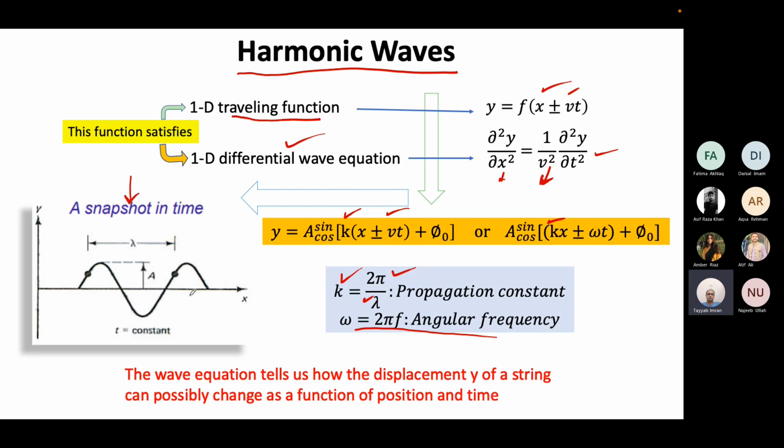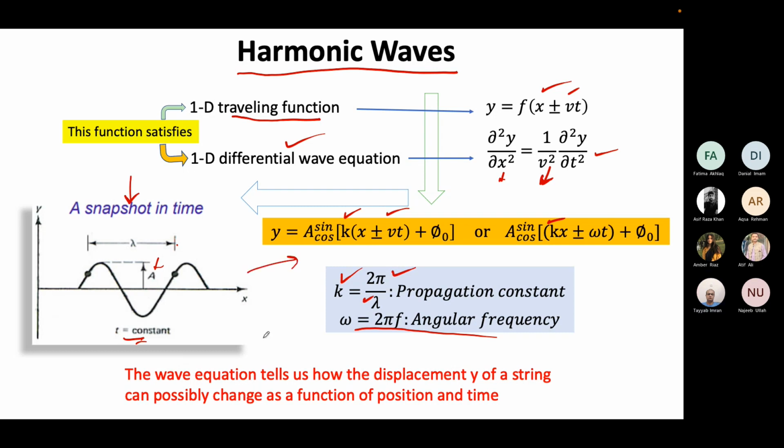Snapshot in time जो है, what it shows is simply the snapshot of one wave. ठीक है, इसका ये wavelength, और ये इसका amplitude है. ठीक है, t is a constant, time is constant here. ठीक है, so it satisfies these equations.